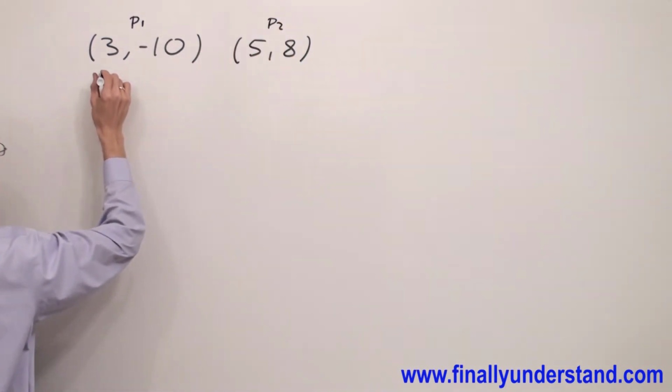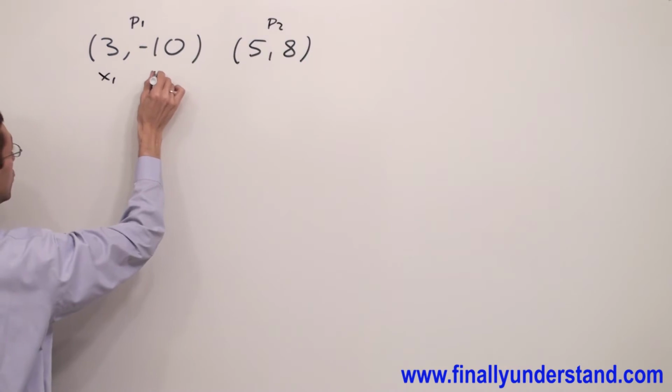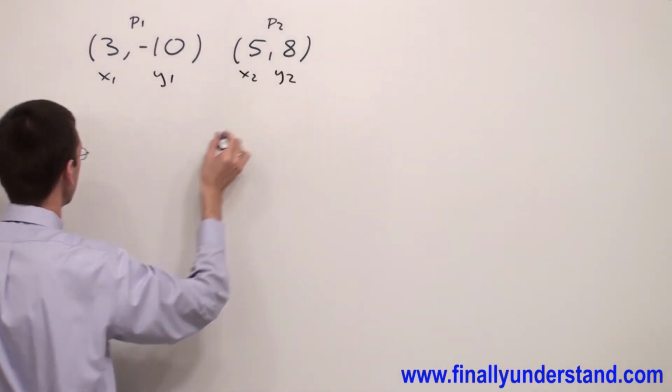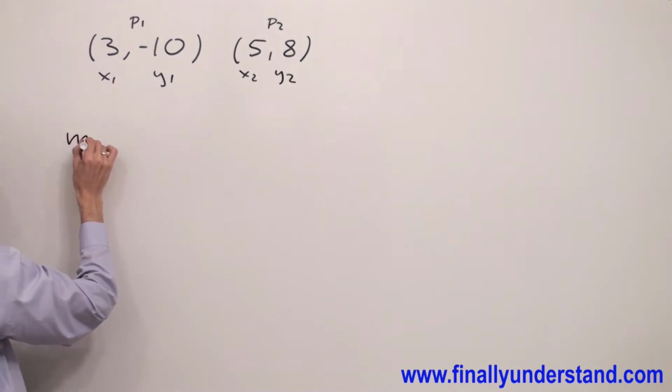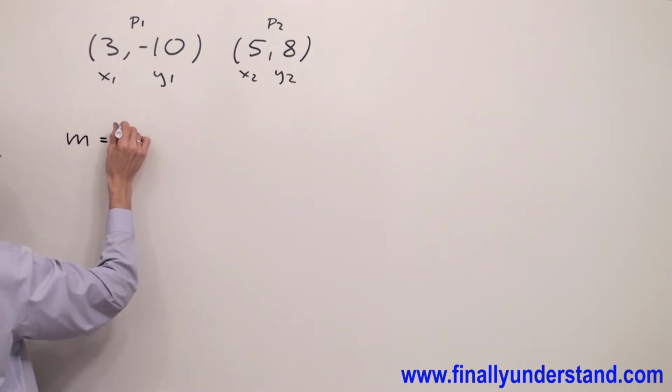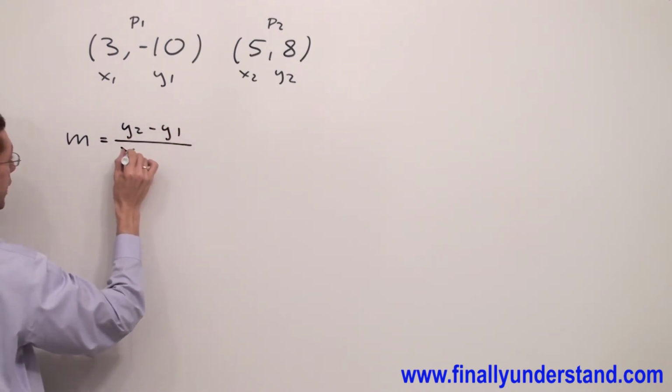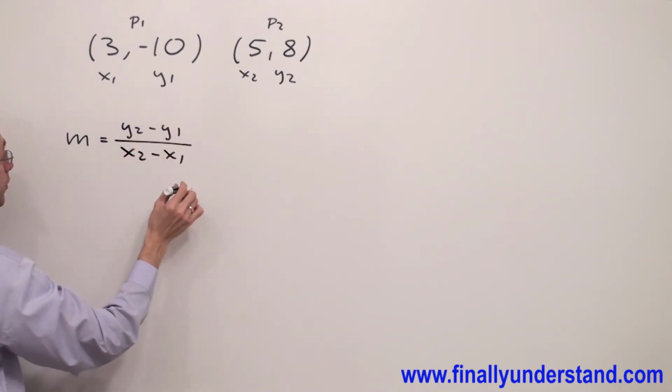This is my coordinate x1, this one is y1, x2, y2. The formula for slope says m, slope, is equal to y2 minus y1 over x2 minus x1.